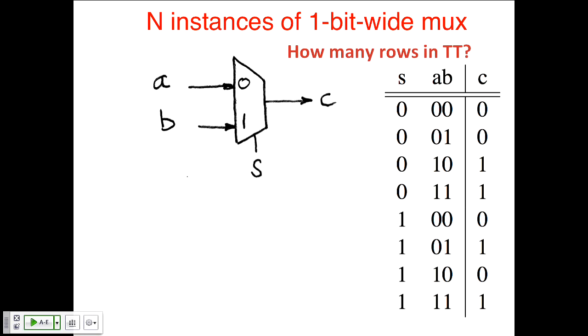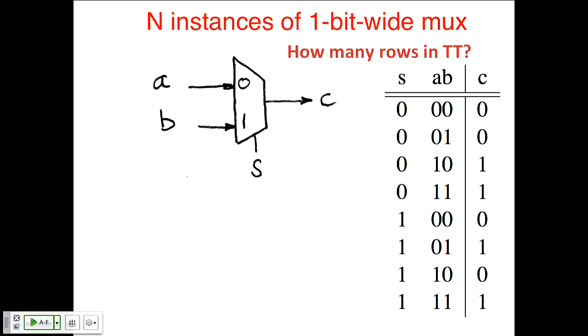So for each of the rows, we just lay out the combinations. Notice here, when select is 0, A should be propagated to C, and so the values in the A column are just copied to the C column. And notice B has no effect. It doesn't matter what B is.